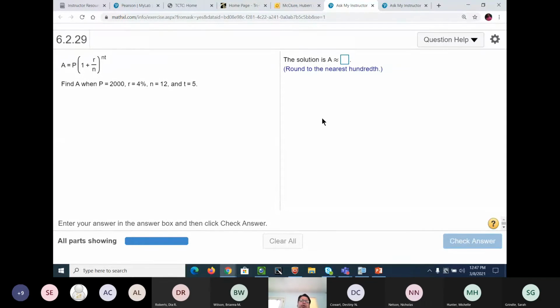T is always in years. You need to highlight that. I'll take a highlighter right now and highlight that, because that is what people forget. Because on a standardized test or my test, it might say 6 months. 6 months would be 0.5 years or 1/2 years.